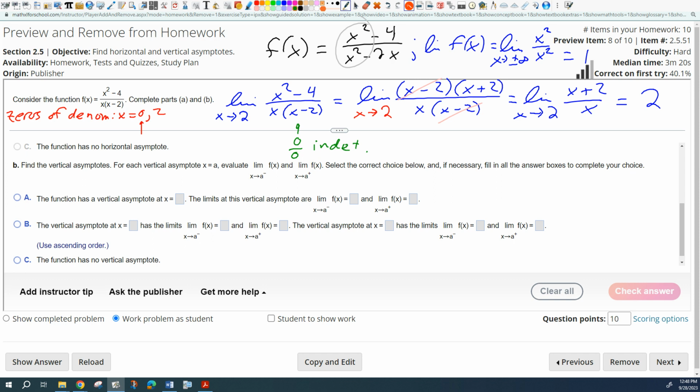When we resolved the indeterminacy, we found out that it's a hole because we end up getting an actual limit, which means the ant anticipates stepping on the y value 2. Does he get there? Well, no, because 2 is excluded from our domain. The function's not defined there, so there's a hole in the function there. Okay, does that make sense?